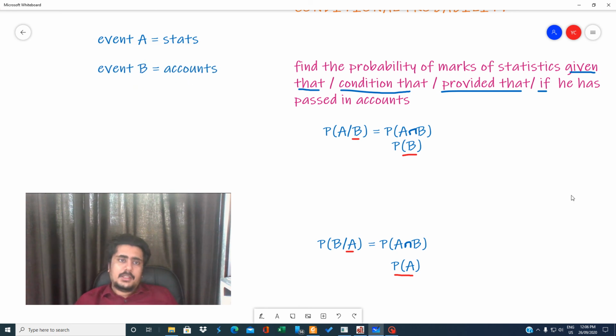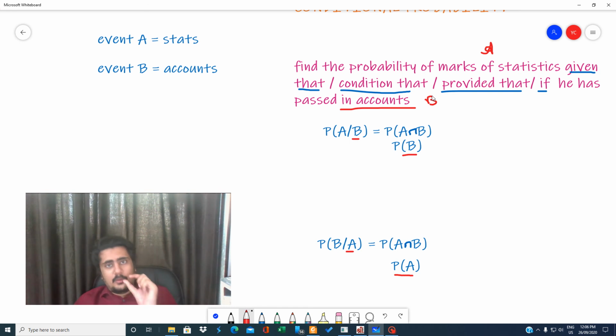This is event A: find the probability that marks of states is event A, if he has passed in accounts, accounts is B.